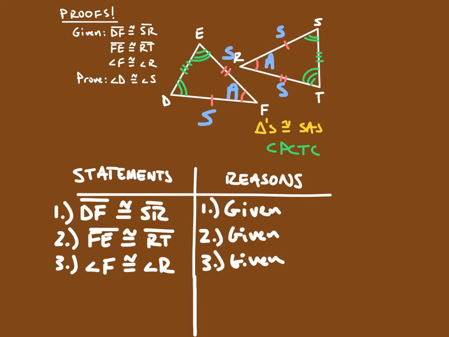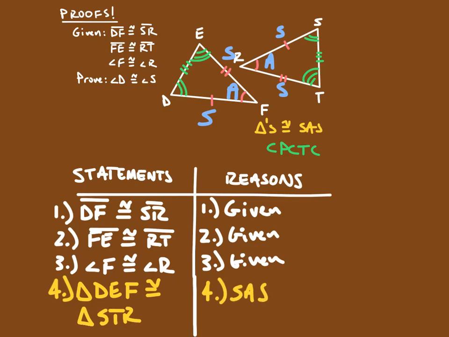So what we can now conclude in step 4 is that triangle, and we'll call this DEF, is going to be congruent to triangle, if I start with D, E, and F, I've got to go S, T, R. That's how I named that. So that's going to be congruent to triangle STR. And the reason for that in step 4 is the side, angle, side congruency theorem.